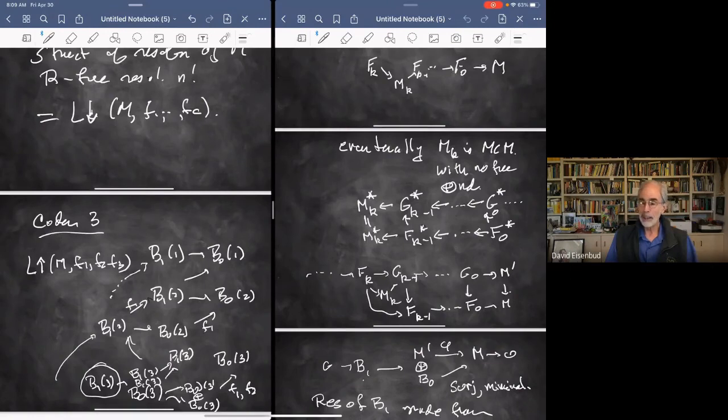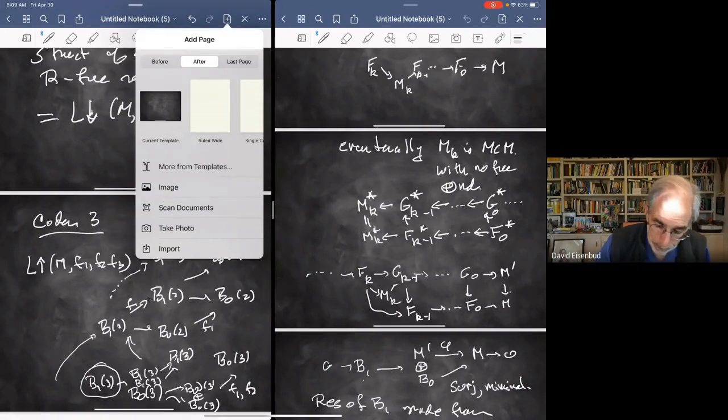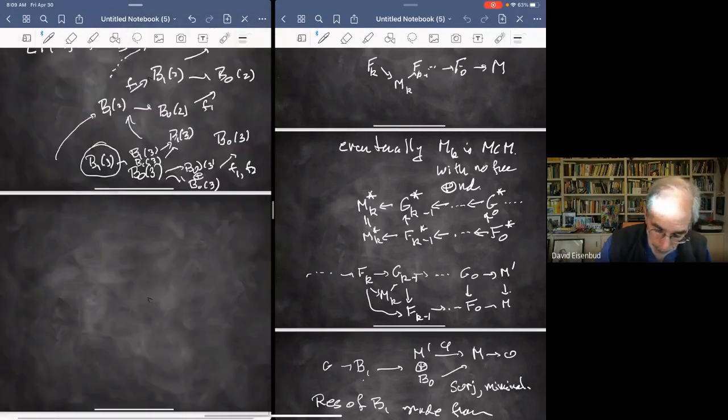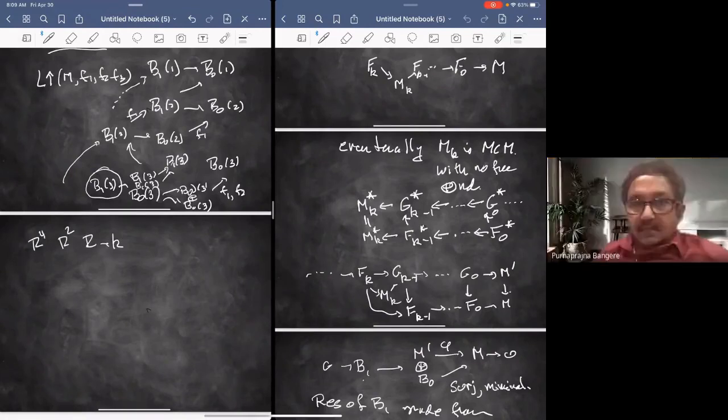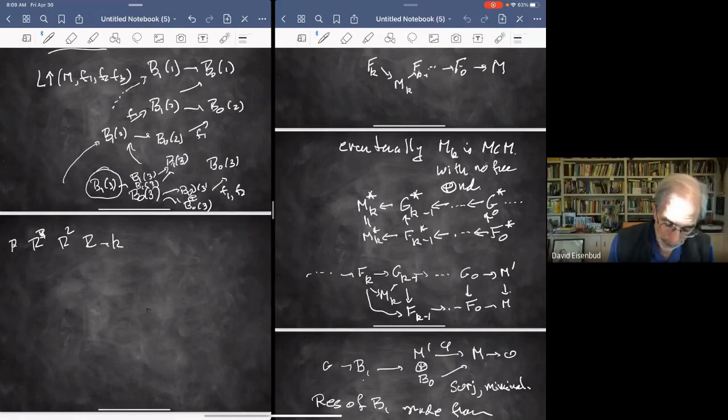And you can see that's necessary because in codimension 2, you could take, for example, the resolution of the residue field: R, R2, R3, R4, etc. And since it's a Gorenstein ring, a complete intersection, you can do it backwards too.